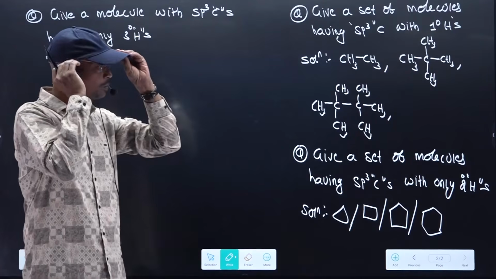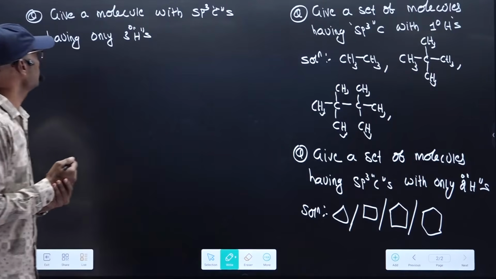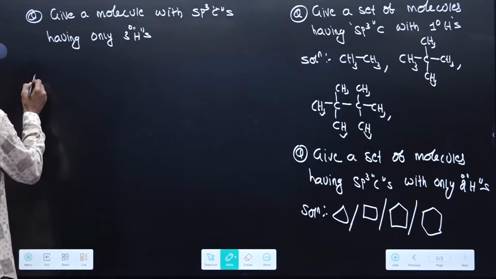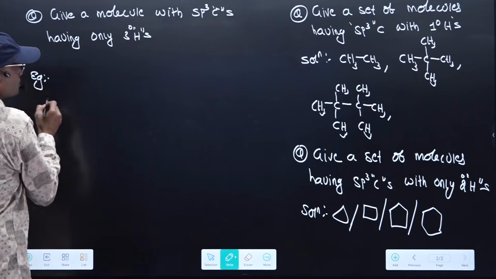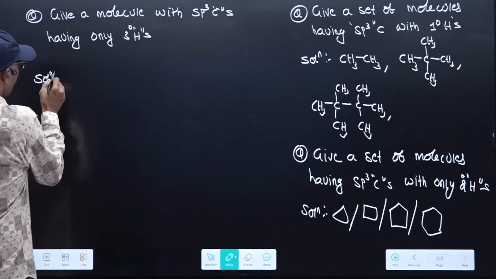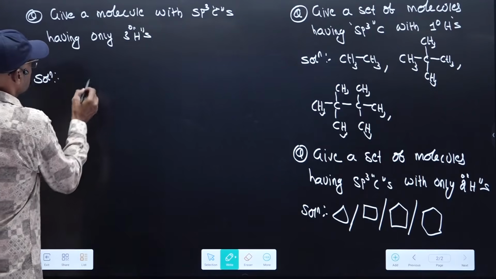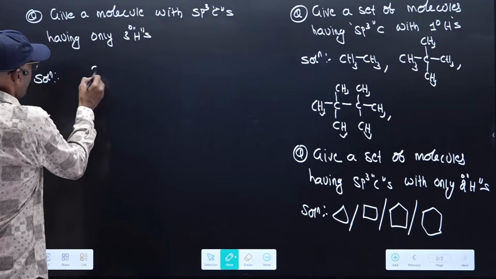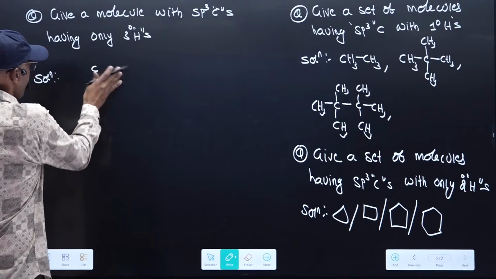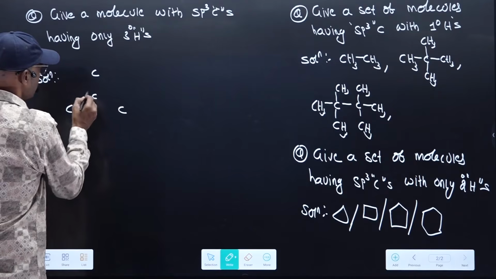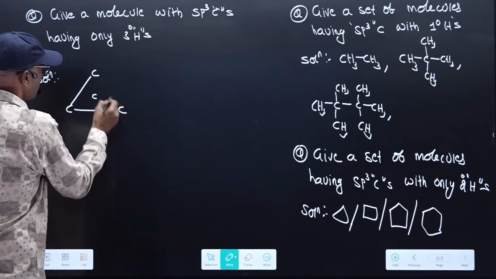So can you give a molecule having sp3 carbons having only tertiary hydrogens? They should not carry secondary, primary, etc. Can I take this one? Here I am writing 3 carbons and joining these 3.